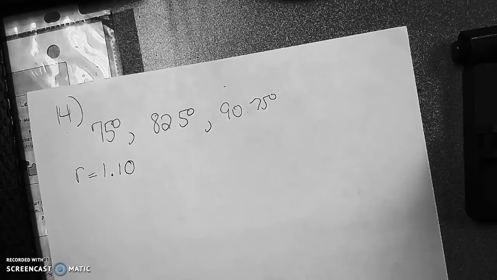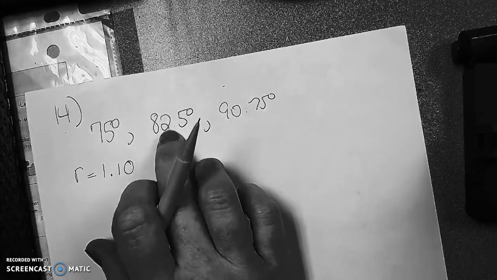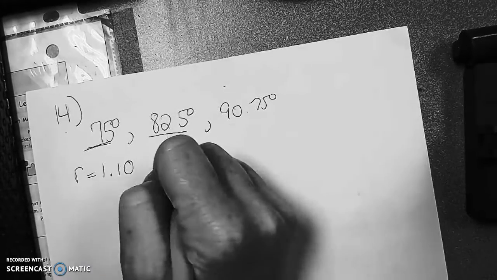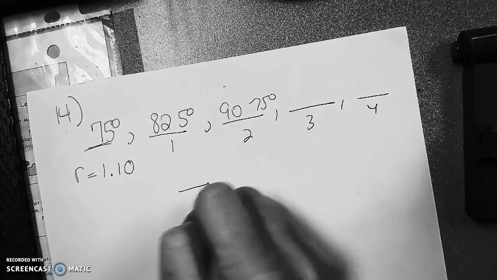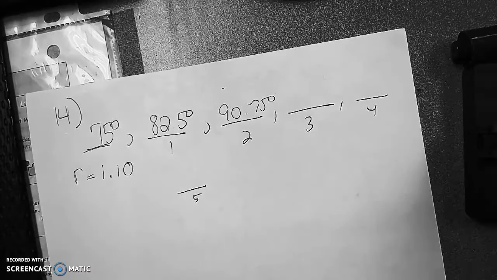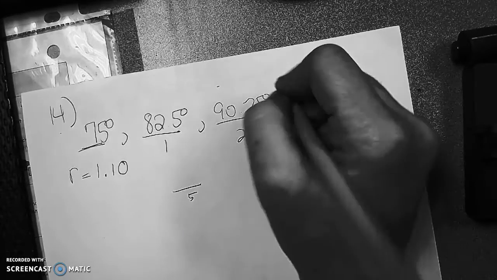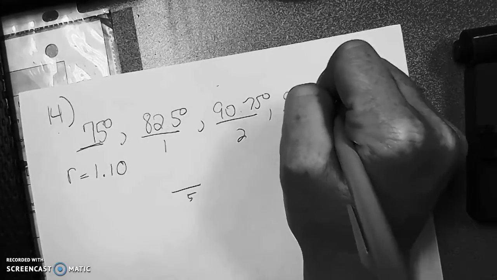And it says after 4 hours. This one is kind of tricky to know. This is hour 1, the initial temperature. So this is hour 1, hour 2, hour 3, hour 4, hour 5. I would just plug this into my calculator. I'd multiply by 1.10 every time and carry the pattern out here.